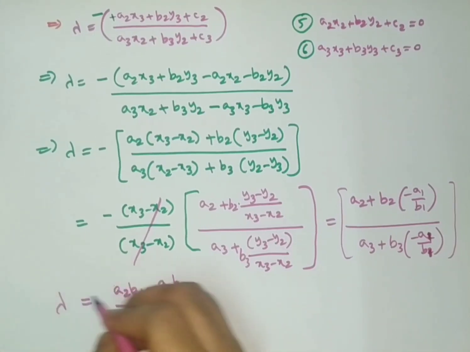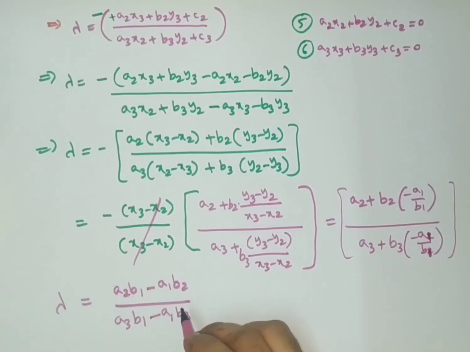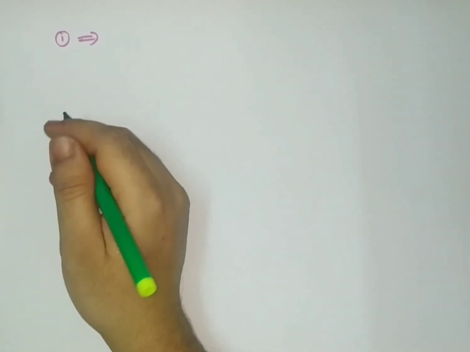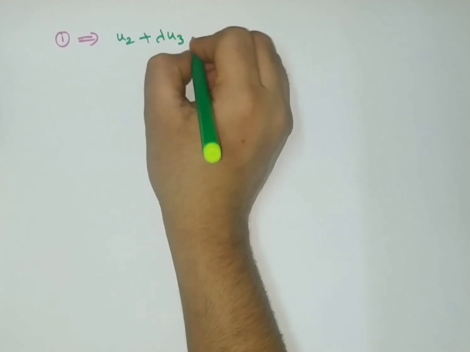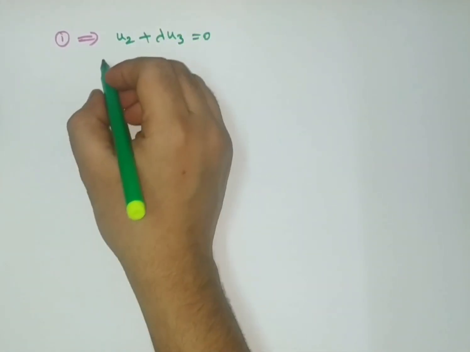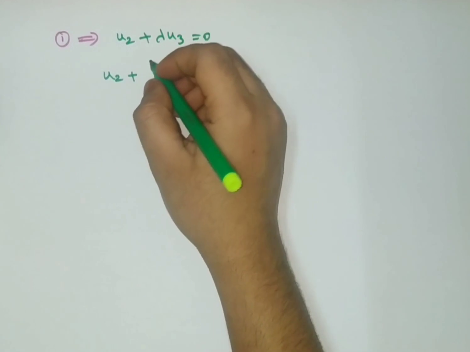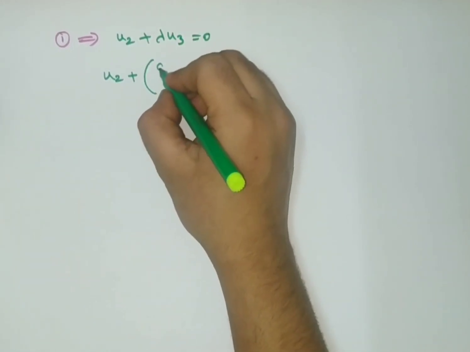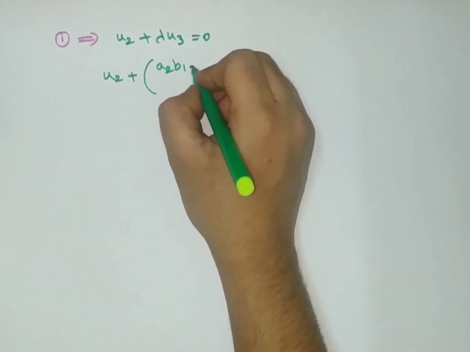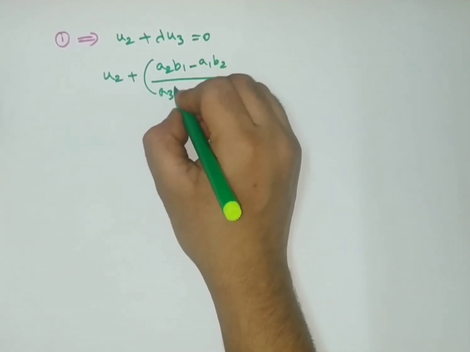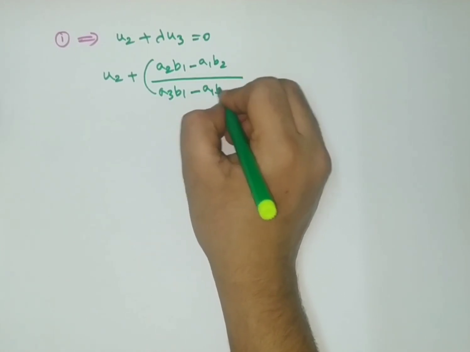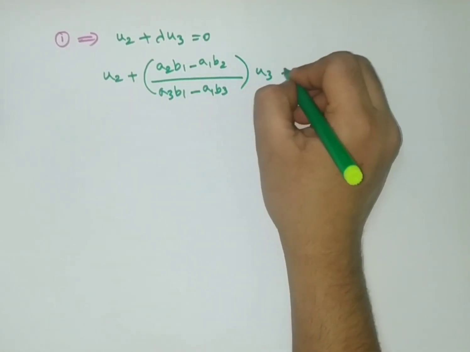Now you have to substitute this in equation 1. Okay, by substituting in equation 1, what we will get? Okay, what is the equation 1? u2 plus lambda u3 is equal to 0 is the equation 1. u2 plus, what we got lambda value as? a2 b1 minus a1 b2 by a3 b1 minus a1 b3 into u3 is equal to 0.